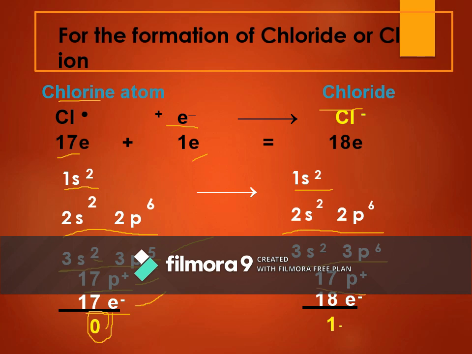There are 17 protons and 18 electrons. Positive 17 plus negative 18 is equal to negative 1. The net charge is negative 1. That is how chloride forms. Nonmetals such as group 5, 6, and 7 usually accept electrons.